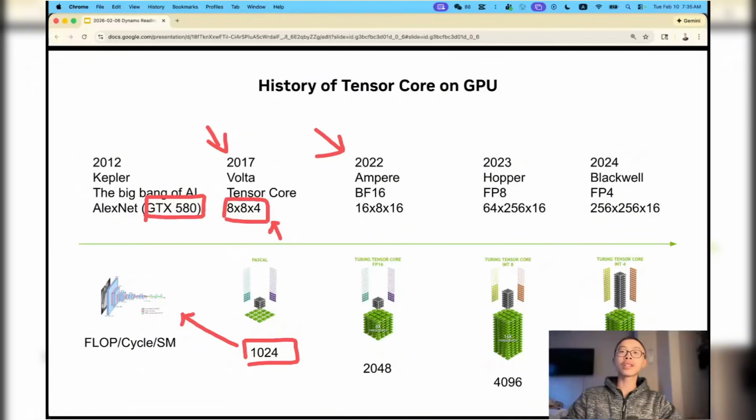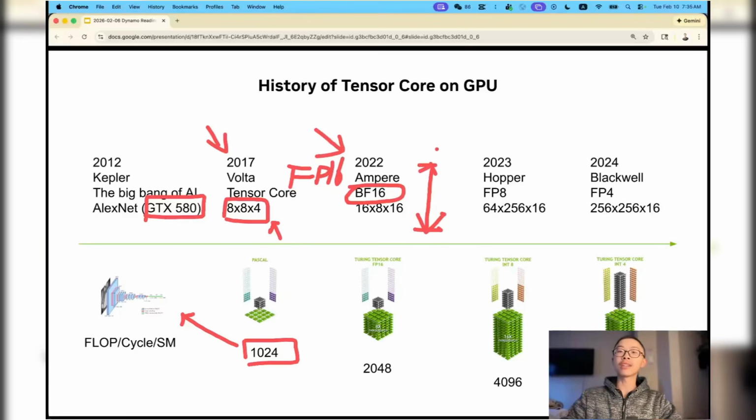In 2020 came Ampere, such as A100. It introduces a new type of half precision, which is called brain float, BF16, instead of the floating point FP16. What is the advantage of this brain float format? It has a larger dynamic range, so it can represent a larger range of values than the traditional FP16, and it became the de facto standard precision for language model training.